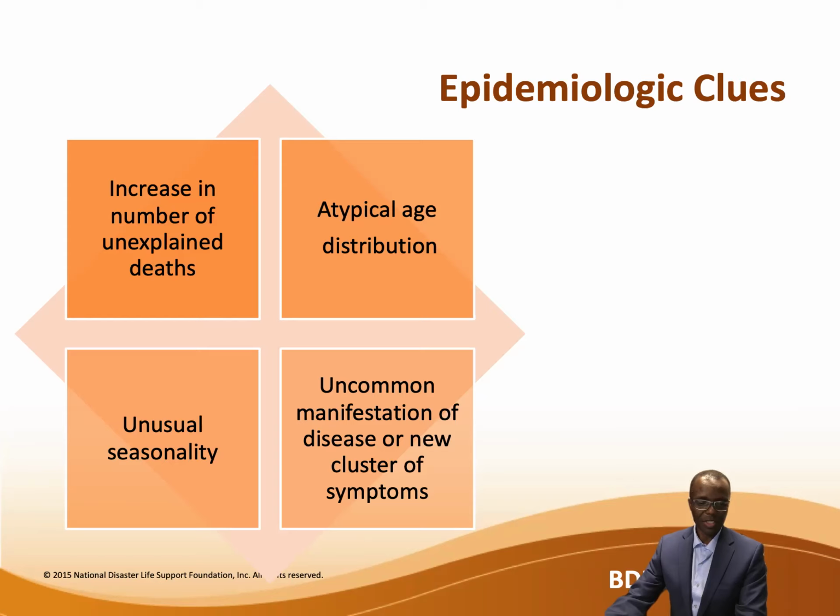Example, severe widespread respiratory illness during the summer months, an unusual manifestation of diseases. For example, new cluster of symptoms, inhalational anthrax, or the occurrence of animal die-off.